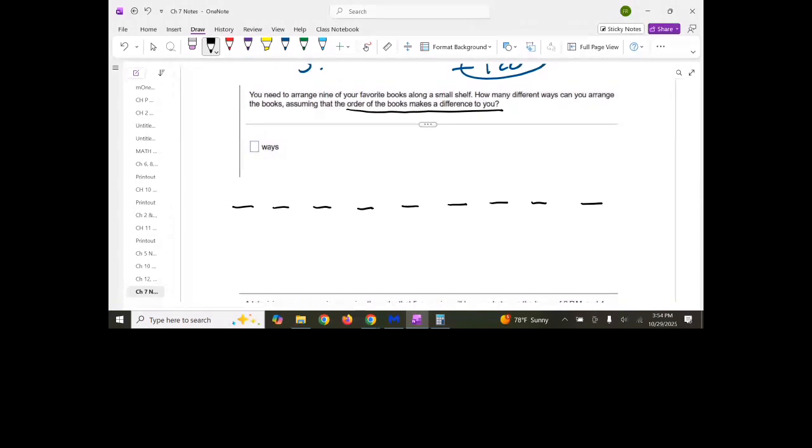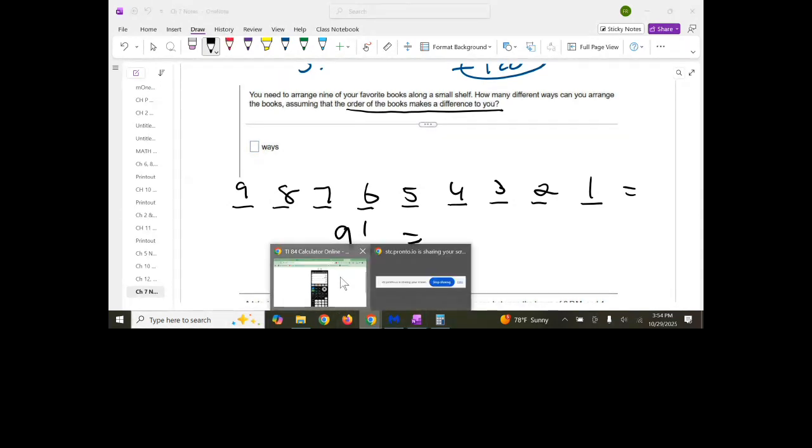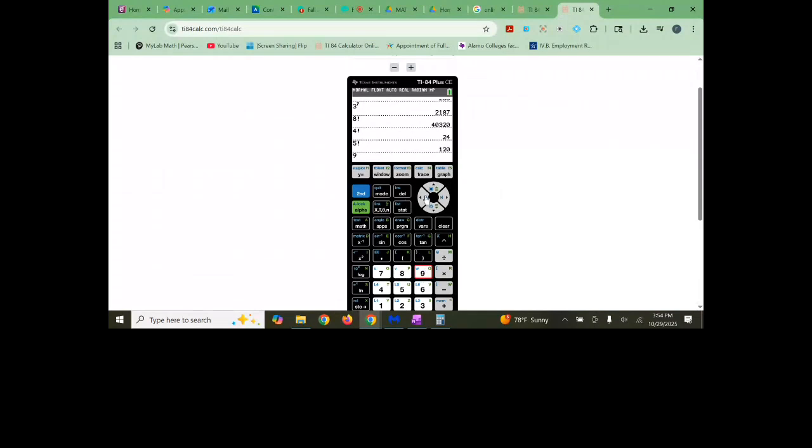So y'all, what book I put first is very important, and what book I put last is very important. So again, I got 9 choices, 8 choices, 7, all the way down, my friends, to 1. Again, this is the same thing as 9 factorial, right? So again, y'all, it's going to be very straightforward. 9, hit your little PRB button, right?